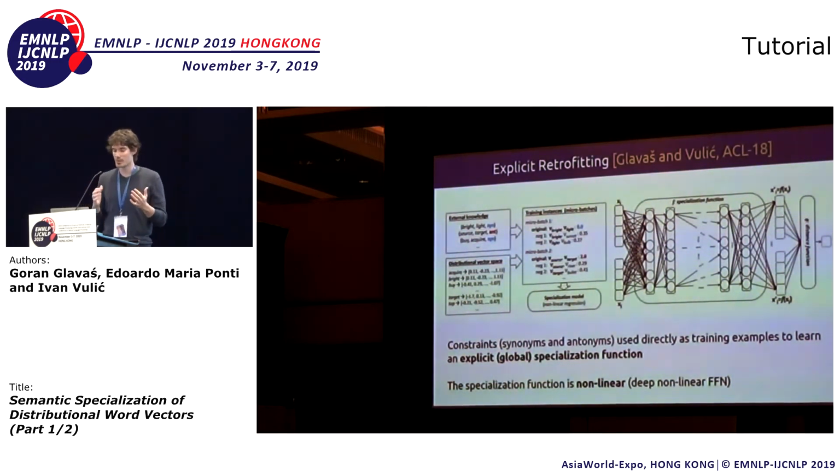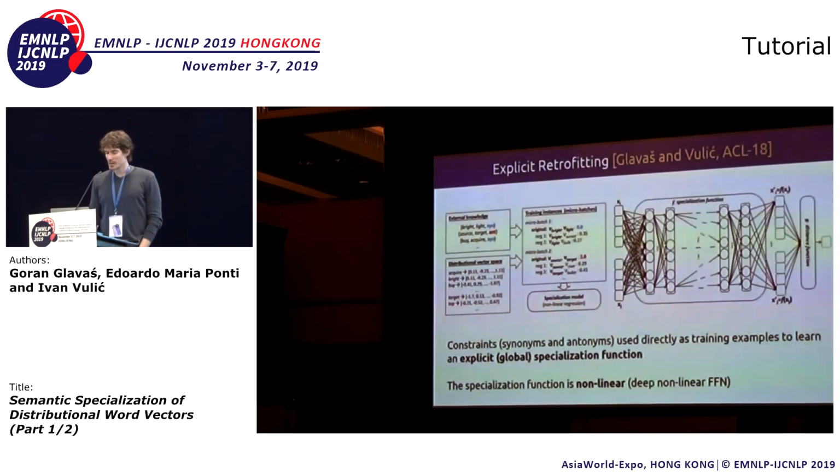So given this large list of linguistic constraints, you want to learn a global mapping function that will perturb your vector space to emphasize the similarity relationship. The way we implemented this was a deep nonlinear feed-forward network with several layers. And you need nonlinearity for the mapping because you need to capture millions of relationships between different words in the space.